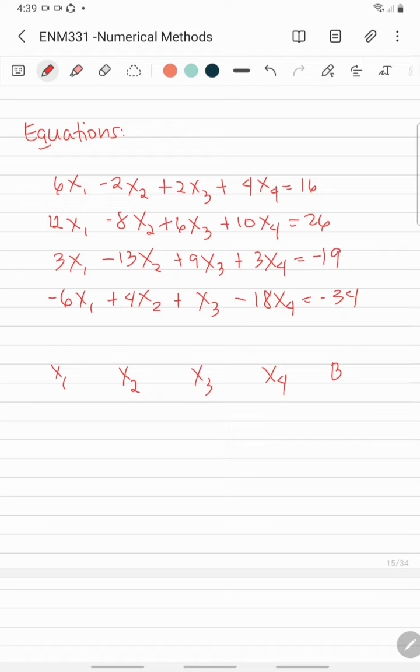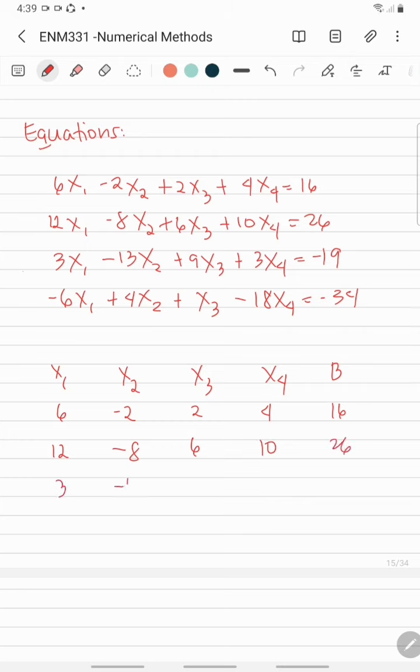So next we will write the horizontal elements. So we have here 6, negative 2, 2, 4, 16. Then for the second row, we have 12, negative 8, 6, 10, 26.